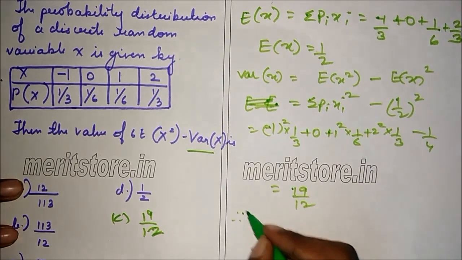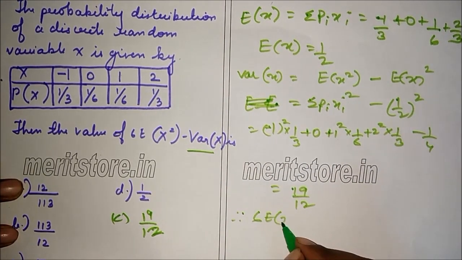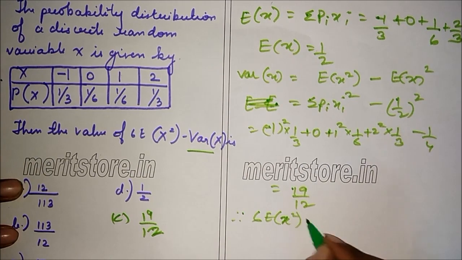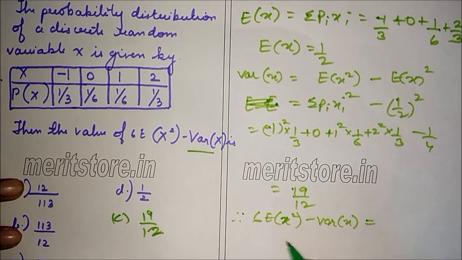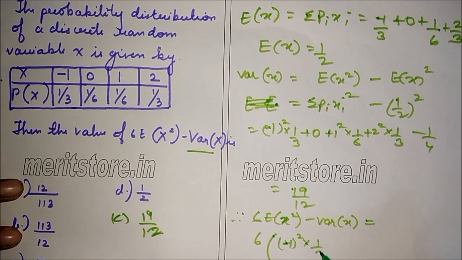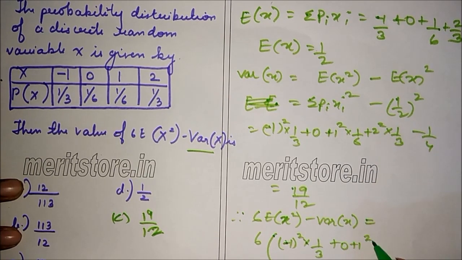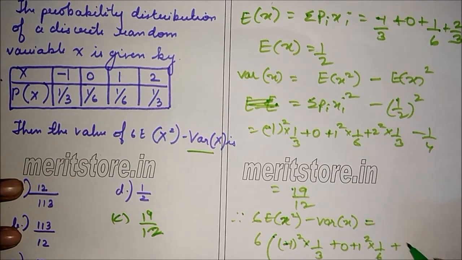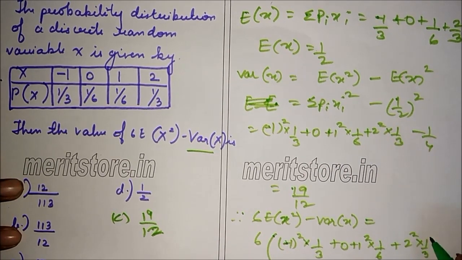So what we have to find is 6 times E of x square minus variance of x, and this is equal to 6 times E of x square, which is summation pi xi square. So this is minus 1 square into 1 by 3 plus 0 plus 1 square into 1 by 6 plus 2 square into 1 by 3, and minus variance, that is 19 by 12.